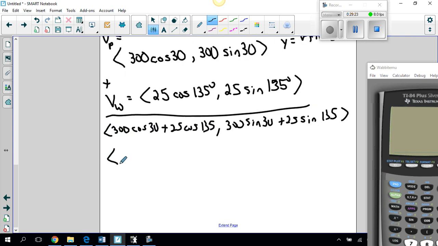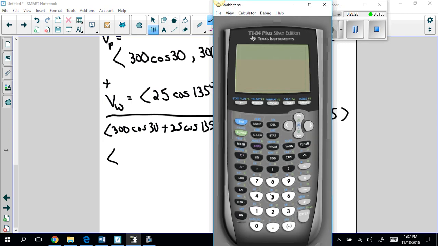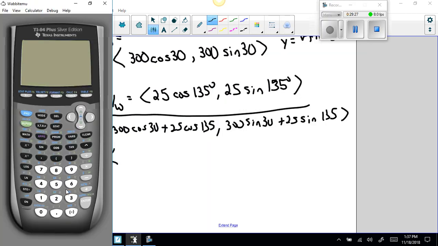All right, so we get our calculator out. 300 cosine 30 plus 25 cosine 135, and I get 242.129.